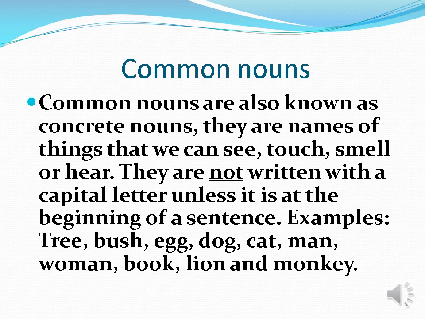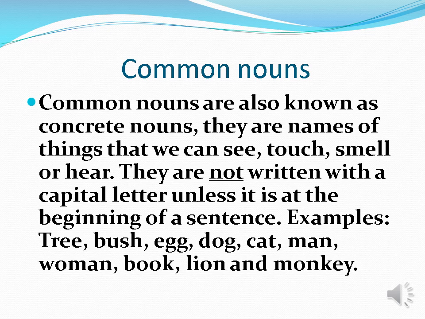But the common nouns or concrete nouns are not written with a capital letter unless they're, of course, at the beginning of a sentence. So tree, normally if it was in the middle of a sentence, it would be with a small t. Here it is at the start of the sentence. I've got a few examples here: tree, bush, egg, dog, cat, man, woman, book, lion, and monkey.